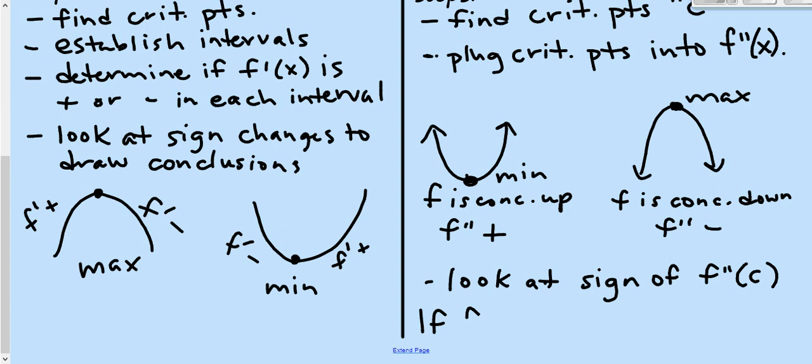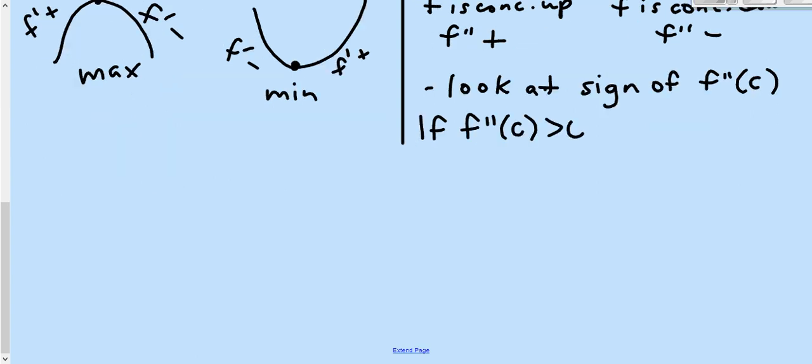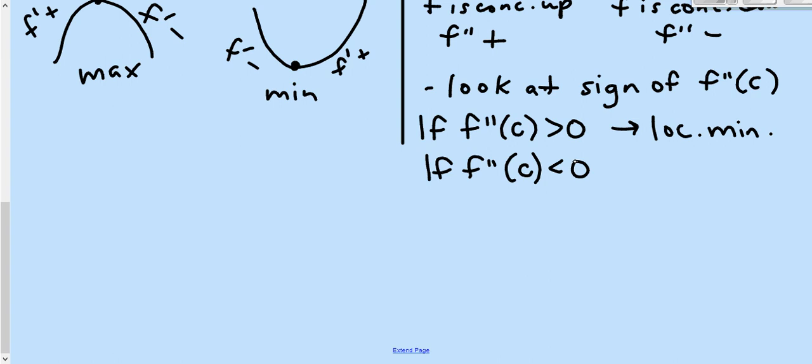If f double prime of c is greater than 0, so positive, that means the graph is concave up. That means you have a local minimum. If f double prime at your critical point is less than 0, that means it's negative, so the graph is concave down, so you have a local maximum.